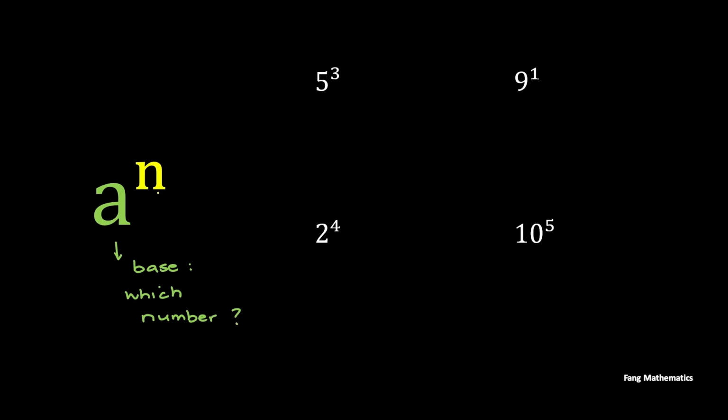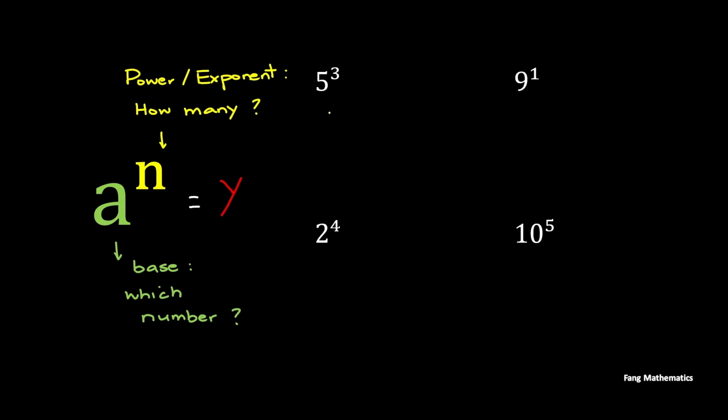And this superscript n is the power or exponent that tells you how many times the base is being multiplied. And this a to the power of n is equal to a product. Let me denote it in general as y.